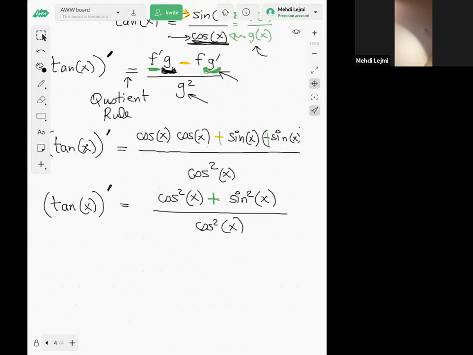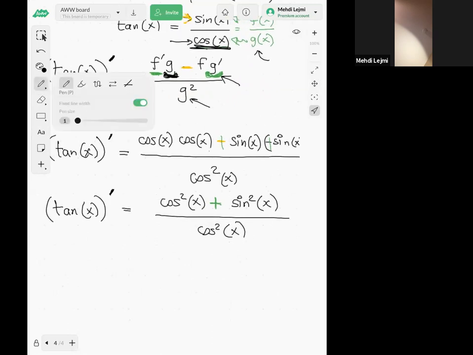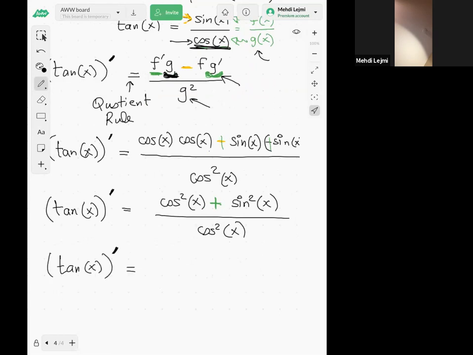So the derivative of tangent of x is equal to 1 over cosine squared of x.